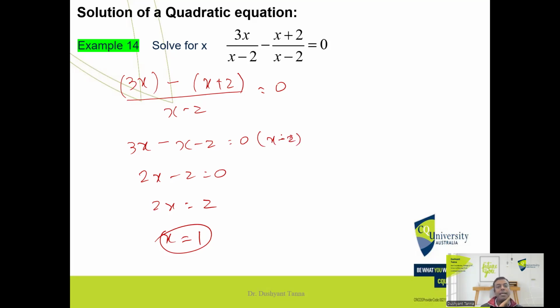And what's this step? When you open the bracket, both of them should have a minus. You can't have 2 because this is linear. How did you get 2? Did you cross multiply?